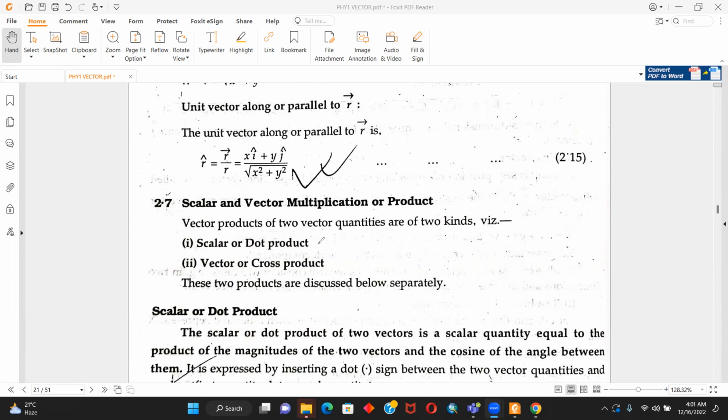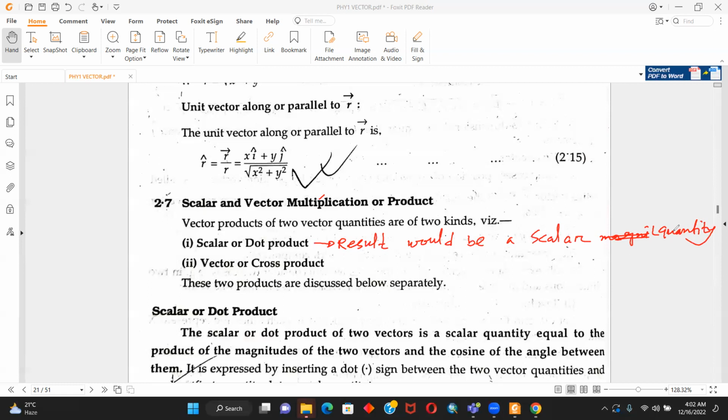So the result would be a scalar magnitude. Okay, a scalar quantity, right? Scalar quantity would be better.